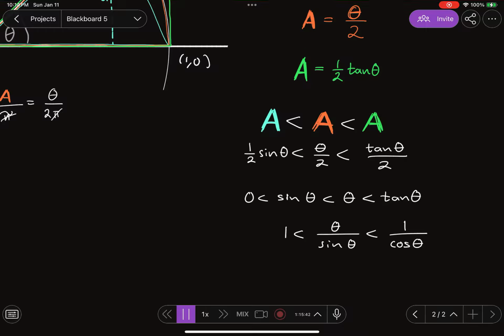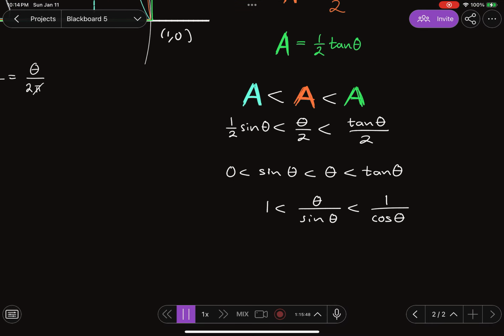Hopefully we remember that tangent of theta is simply sine over cosine. So if I divide by sine, that's just going to be 1 over cosine, in other words, secant. And then I reciprocate everything. That tells me that 1 is bigger than sine of theta over theta, which is bigger than cosine of theta.